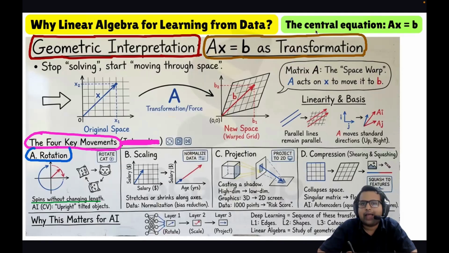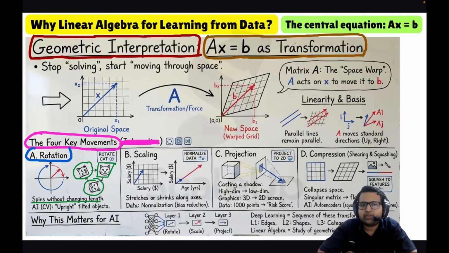That's the application of rotation transformation in computer vision. So in rotation, the transformation matrix just spins the input vector without changing the length.